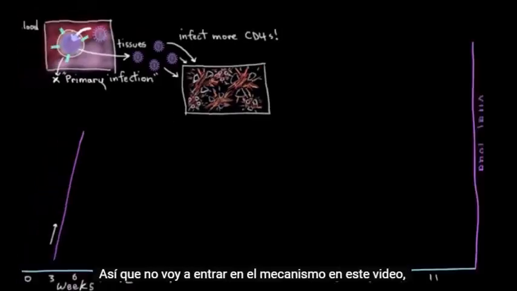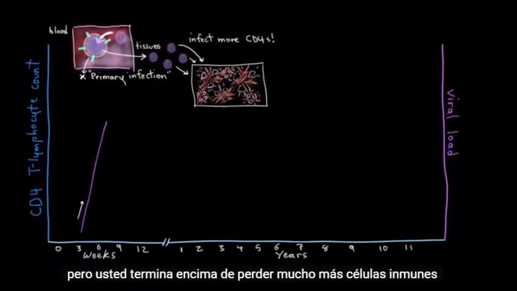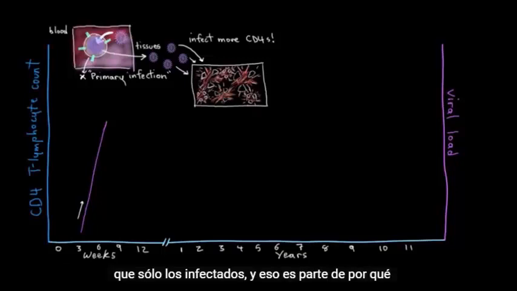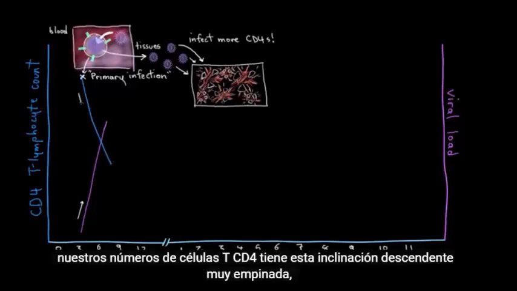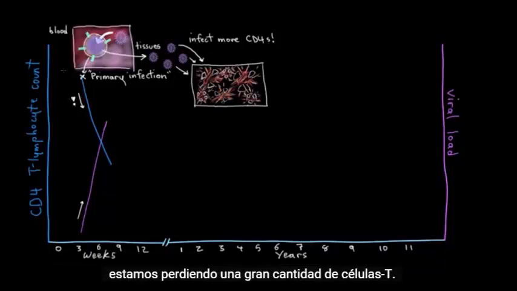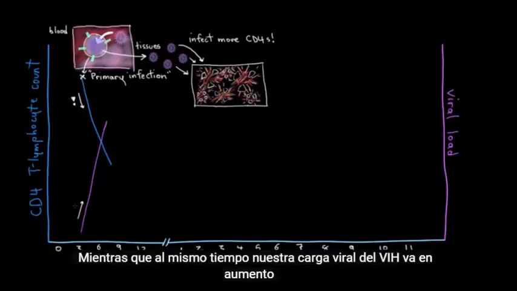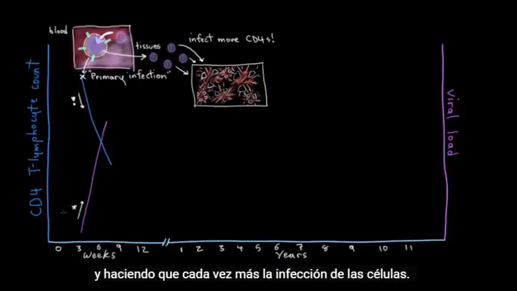So I won't go into the mechanism in this video, but you do end up losing lots more immune cells than just the infected ones. And that's part of why you see this massive drop-off here. This line representing our CD4 T cell numbers has this really steep downward slope. We're losing lots of T cells, while at the same time our HIV viral load is going up and causing more and more infection of our cells.